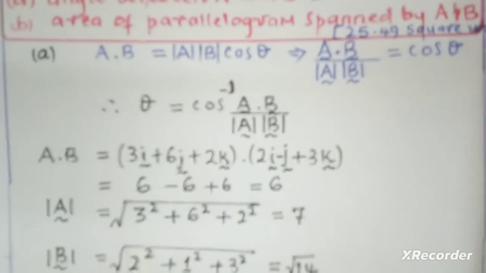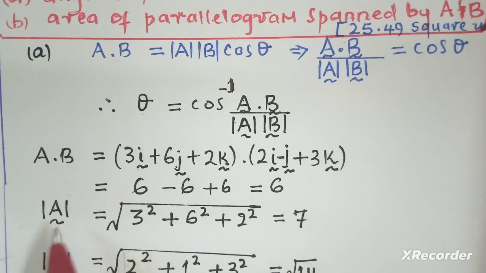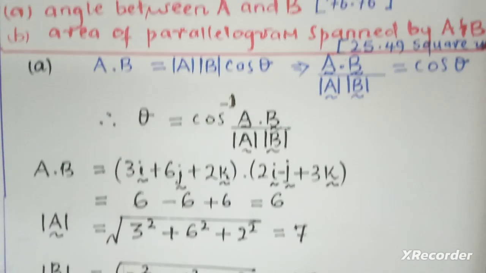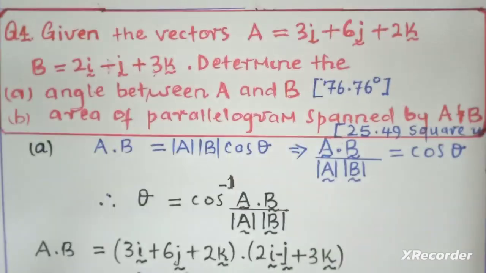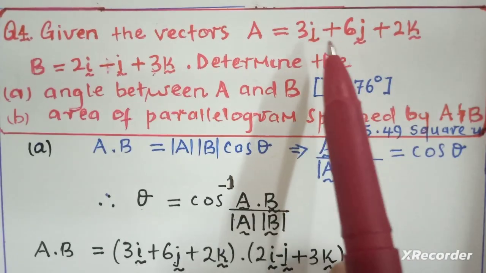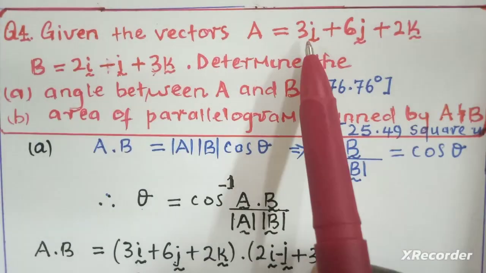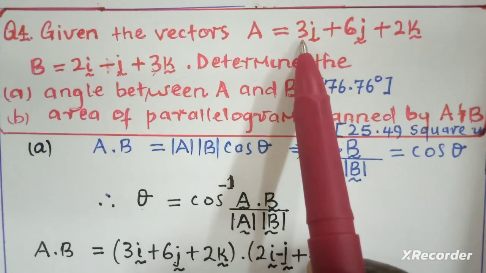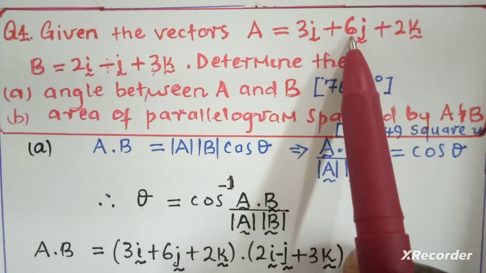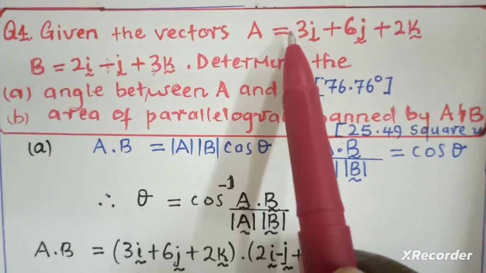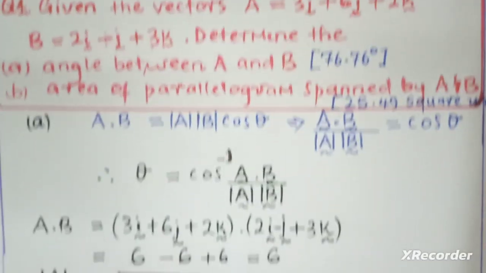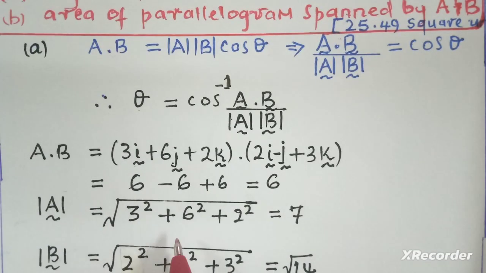For the magnitude of A, we go to our vector, and the A is this vector. So the magnitude for that will be 3 squared plus 6 squared plus 2 squared, then all of it square root. And this is what is demonstrated here.